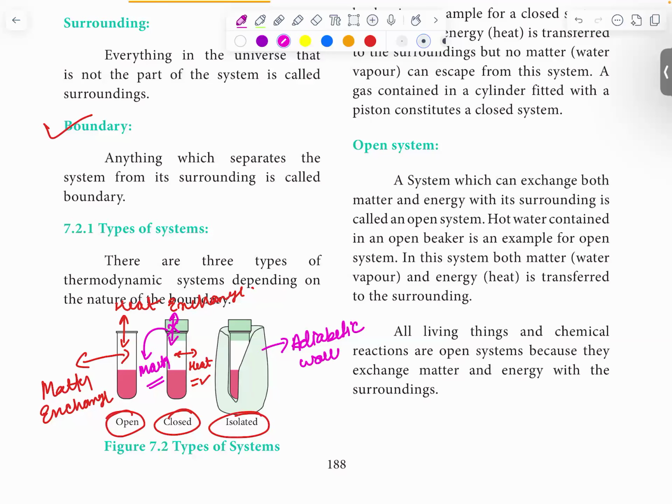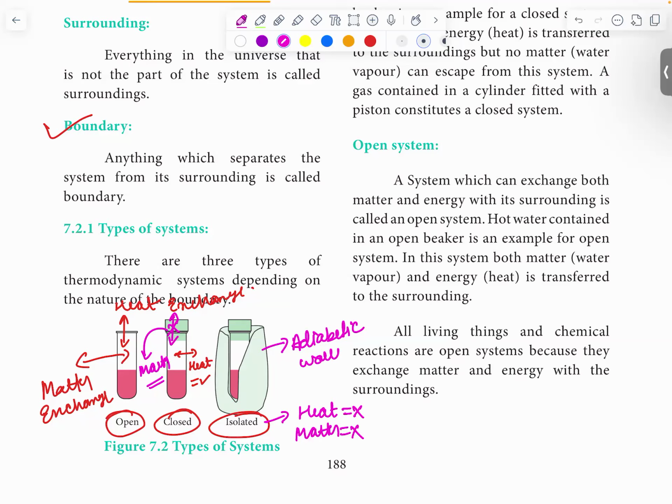The feature of the adiabatic boundary is that it does not allow the flow of heat. So the isolated system is the system where you cannot exchange heat between the system and surrounding, and matter exchange is also not possible.